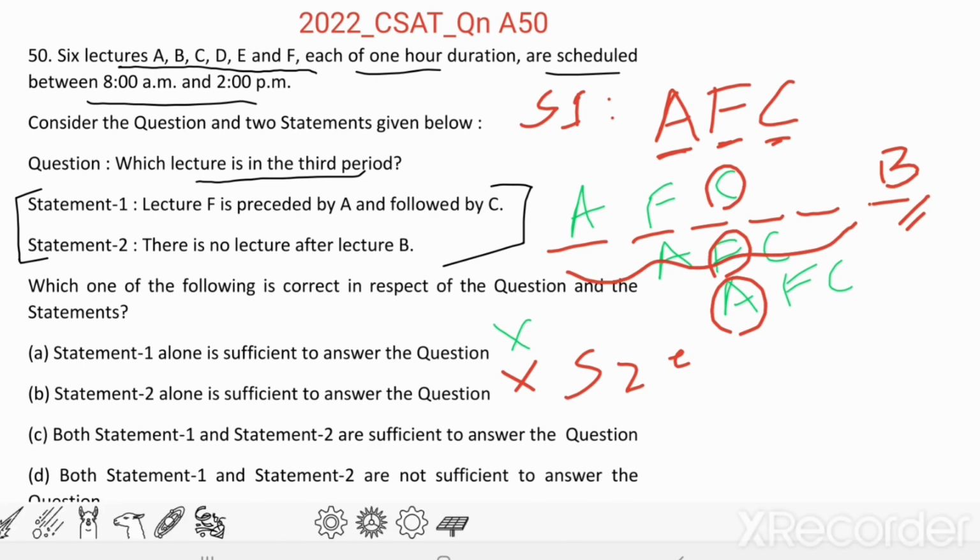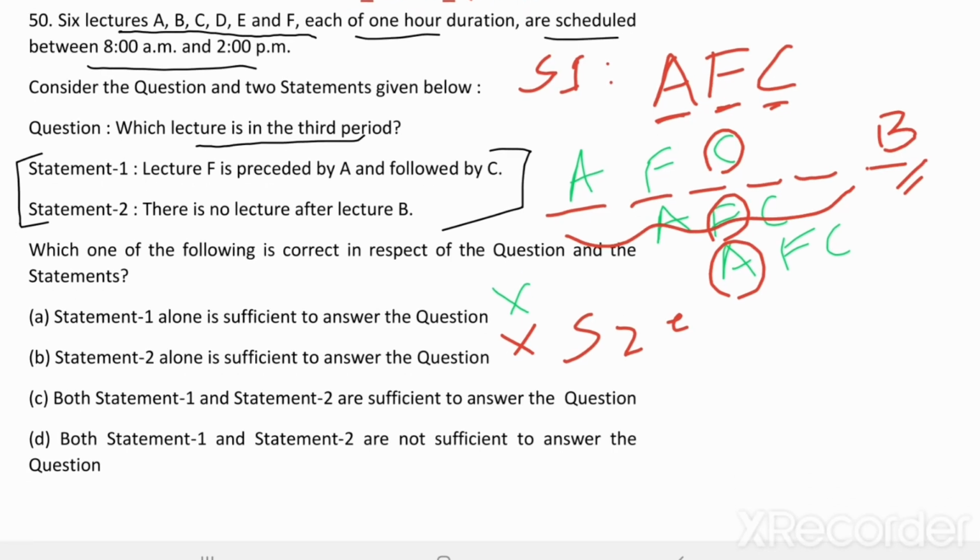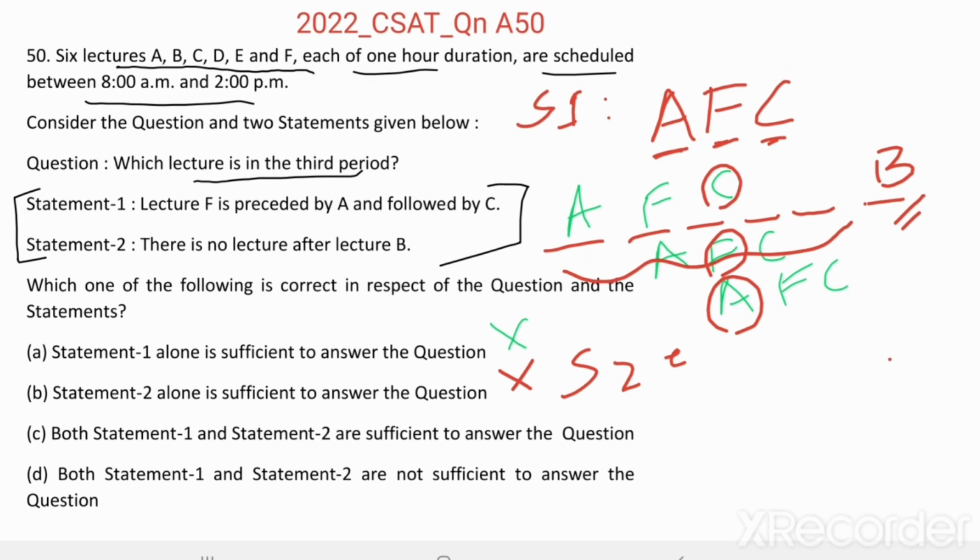So even after combining these 2 statements, we could not answer precisely which lecture is in the third period. Therefore, both statement 1 and statement 2 are not sufficient to answer the question which lecture is in the third period.